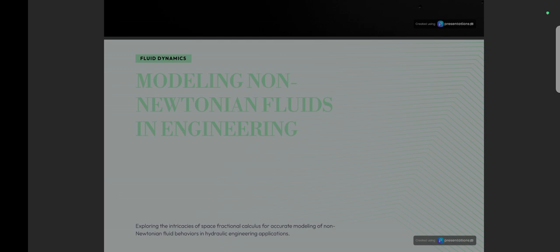By doing so, this model improves the ability to predict the behavior of complex fluid systems, leading to better design and optimization in various engineering applications.